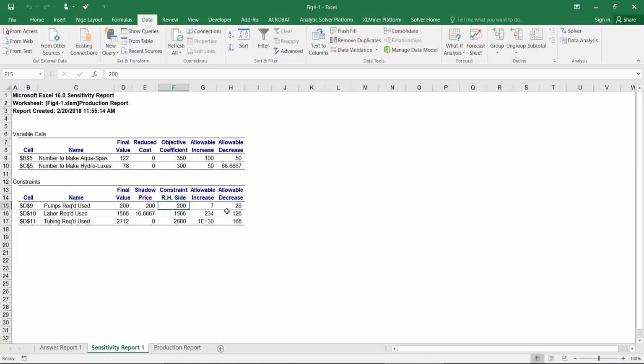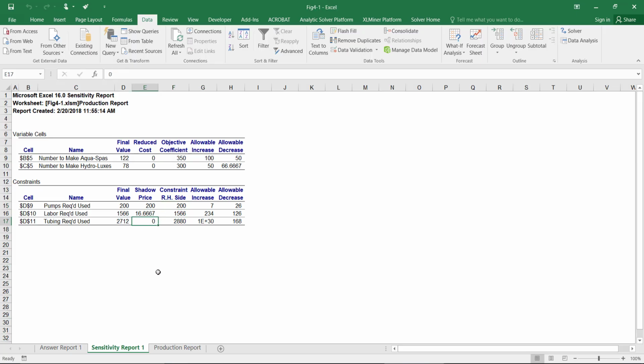Similarly, we have the same range for the second constraint, but pay attention to the third constraint, that is, the shadow price is 0. Comparing the final values and the constraint right hand side, you can see that this constraint is not binding. We had a similar conclusion in the answer report 1, that the third constraint is not binding.